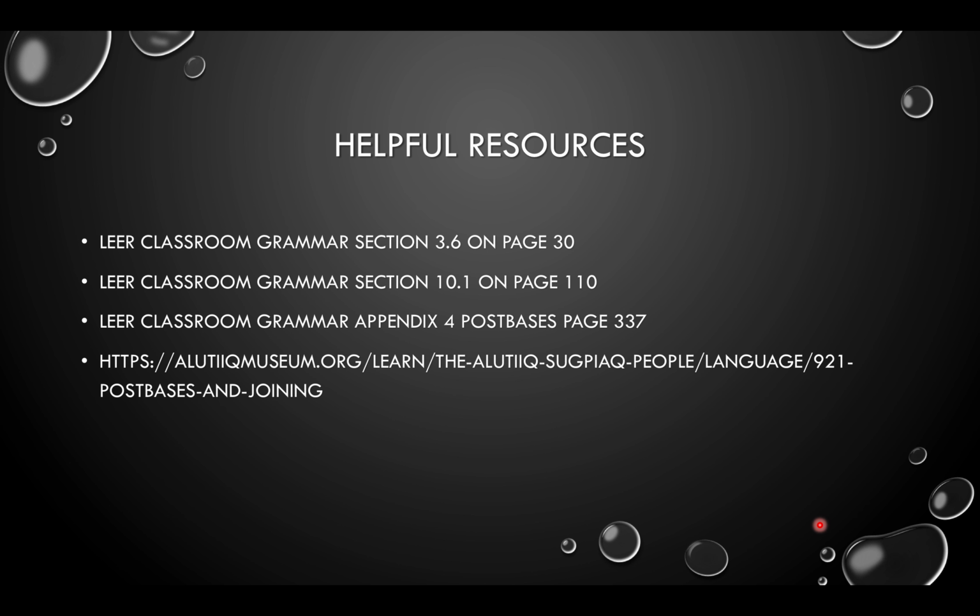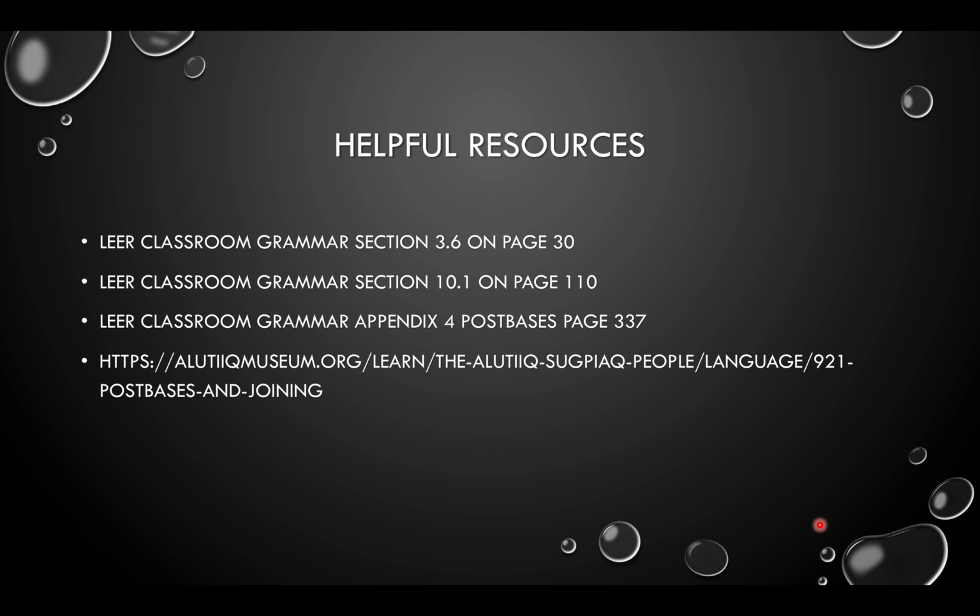All right, I know I went through that sort of fast. There are some helpful resources. The Lear Classroom grammar book has a couple different pages on this to help. The first one is section 3.6, which is on page 30. And the second one is section 10.1 on page 110.